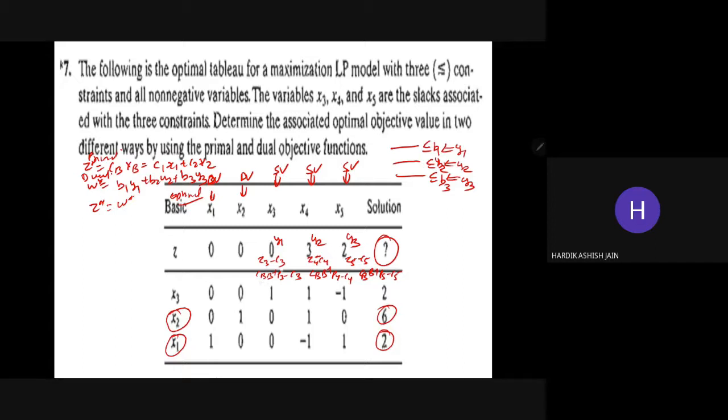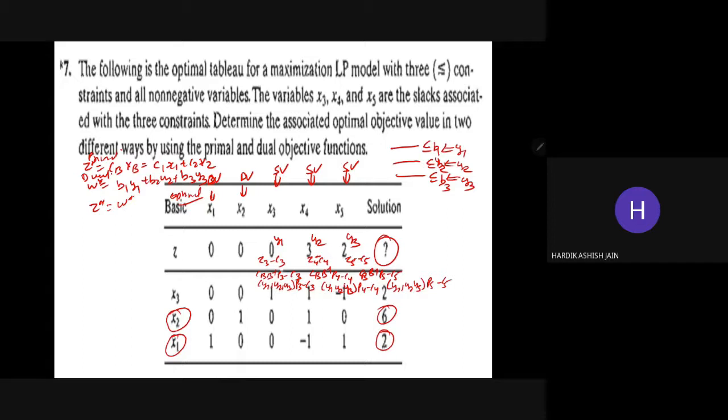Or it is y1 y2 y3 into p3 minus c3, y1 y2 y3 into p4 minus c4, y1 y2 y3 into p5 minus c5.